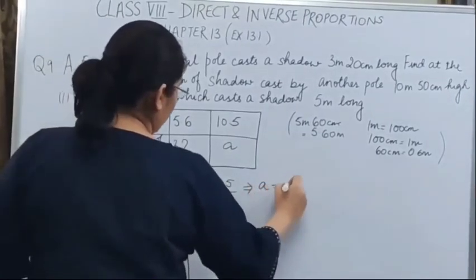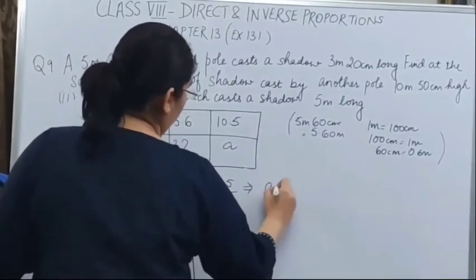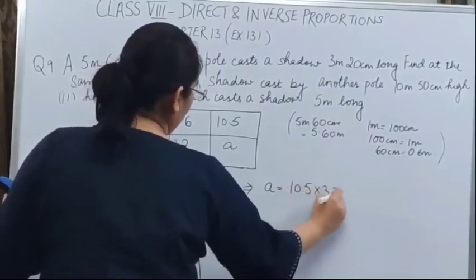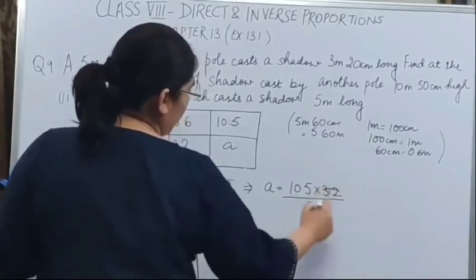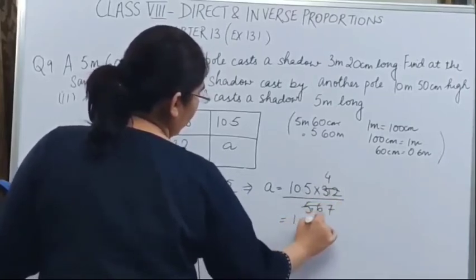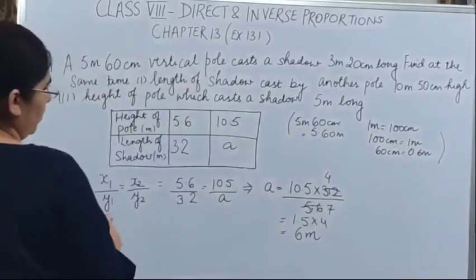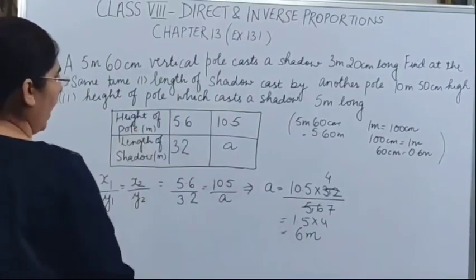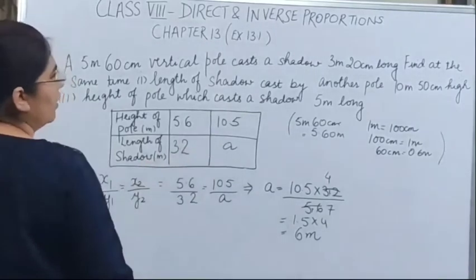A equals to 10.5 into 3.2 divided by 5.6. So you can just remove the point. 8 4s are 32, 8 7s are 56, 1.4 into 4, that is 6 meters. So a pole of height 10.5 meters will cast a shadow of length 6 meters.